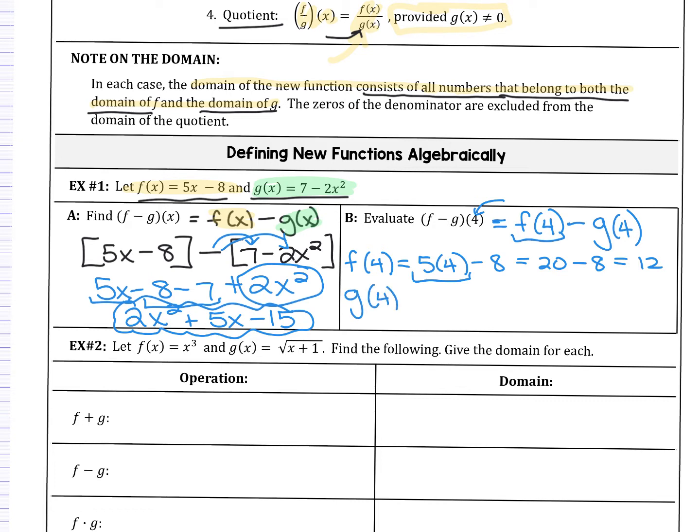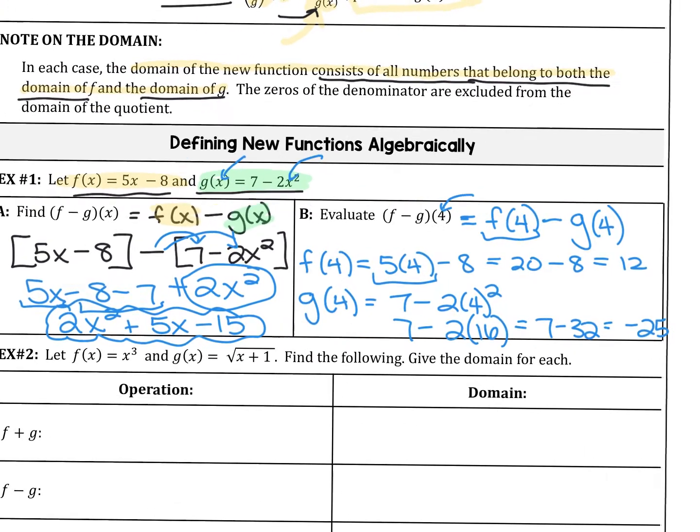g of 4 is 7 minus 2 times 4 squared. Again, I'm going to plug in 4 for x in the function g. And I get 7 minus 2 times 16. 4 squared is 16. Or 7 minus 32, which is negative 25.